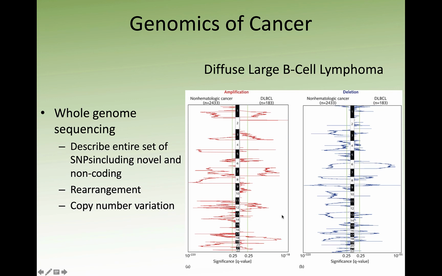For instance, we might see an increase in amplification of copy number variants along chromosomes 9 and 10, where we don't see that in non-hematological cancers. We might also see a lot less influence of deletion events in chromosome 10 than in other non-hematological cancers. By learning this, we can look to identify the specific genotypes associated with certain types of cancer.